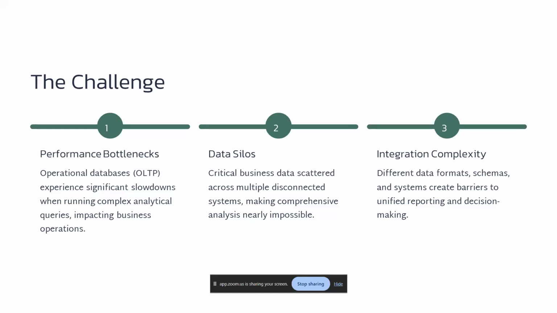So what are the challenges we used to face without data warehousing? First is performance bottlenecks. Bottlenecks are nothing but delays: if we want to implement something, it will take a lot of time to combine everything. For example, in a database, a student's data is in different tables.